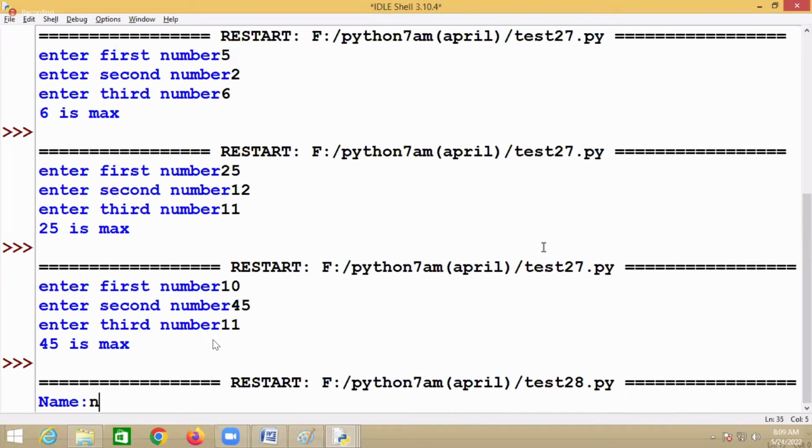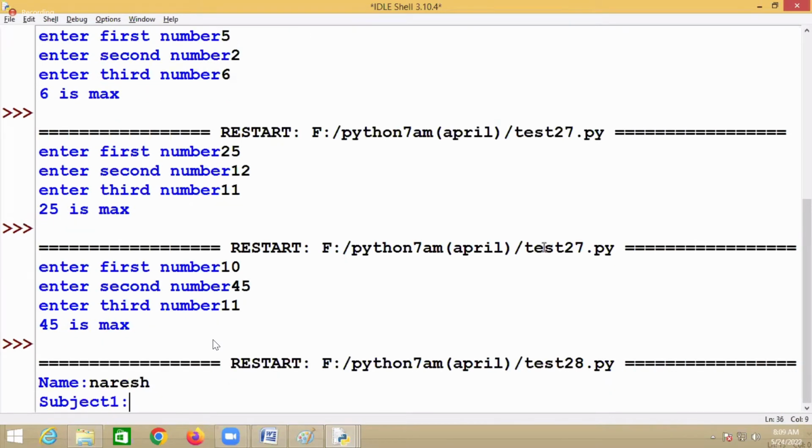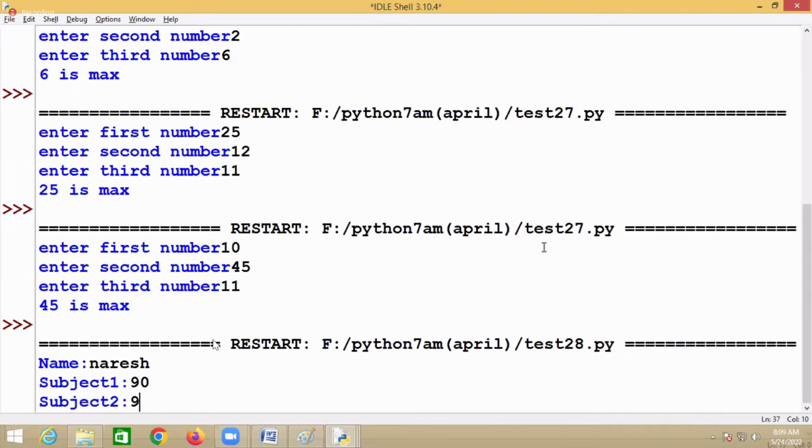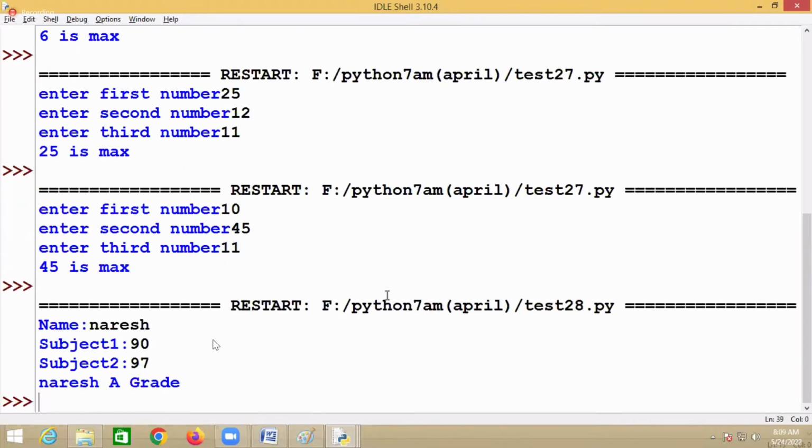So input the name of the student, Naresh, and this is subject 1, and this is subject 2. Naresh is which grade here? A grade.